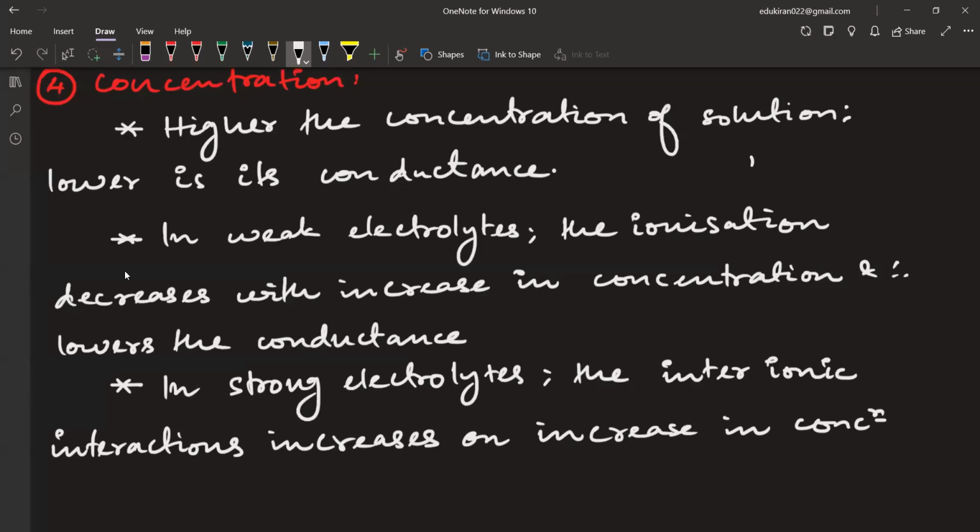Interionic interactions, that means if you have more Na+ and more Cl-, they will be very near to each other, right? And if we have very few Na+ and Cl-, they will be very far away, and the chances of them colliding and forming NaCl will be very low. But if I increase the concentration, the chances of them colliding increase, and that is why the interionic interactions also increase, which leads to lower dissociation. So we'll write: increases on increase in concentration, and therefore lowers the conductance.